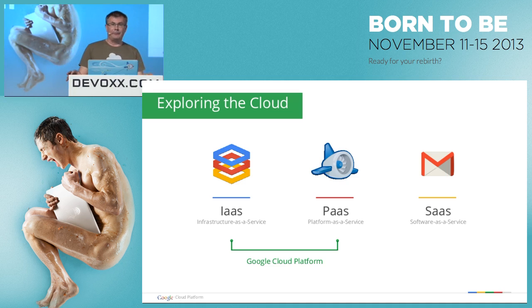The Google Cloud Platform is more focused on the two remaining parts of the cloud. The first one is platform as a service, with AppEngine. AppEngine was one of the first providers in this area. We launched it in 2008. And recently, we introduced infrastructure as a service with Google Compute Engine. So we're going to talk about those two pieces on the left side.